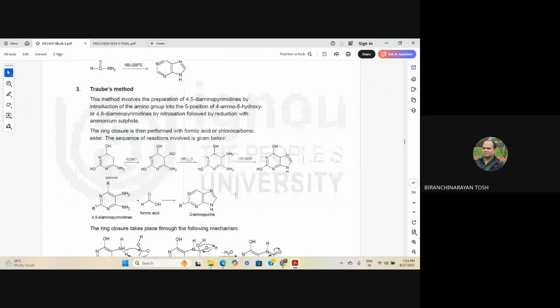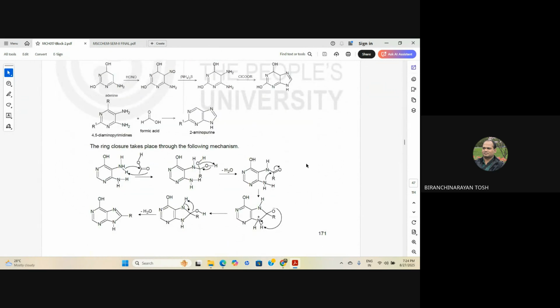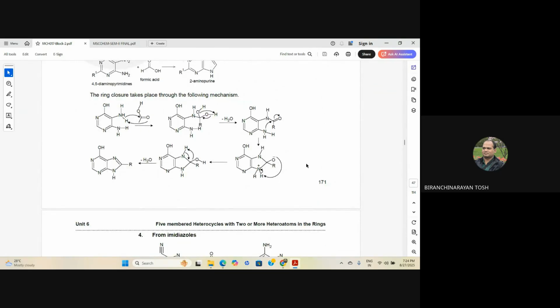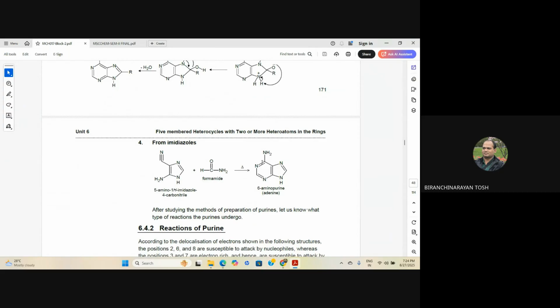The sequence of reaction is given here and the mechanism also here. Then from imidazole with formamide, it gives 6 amino purine.